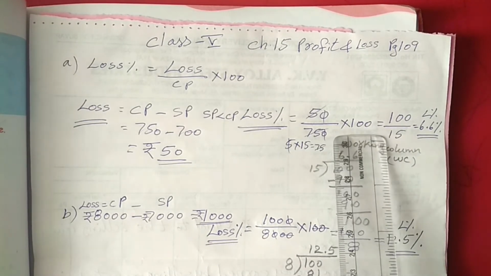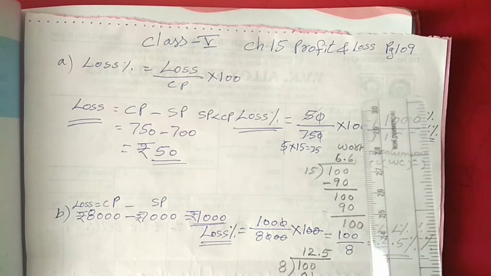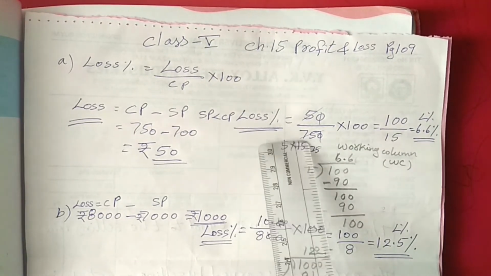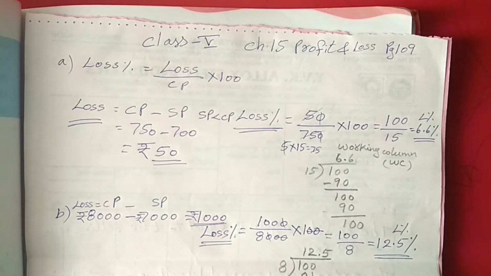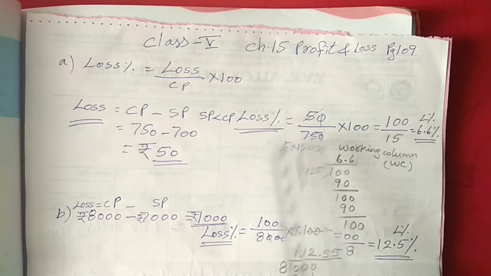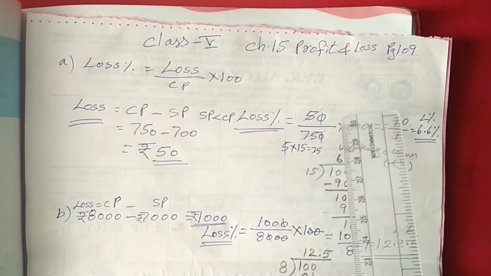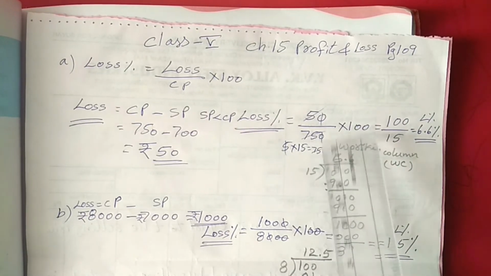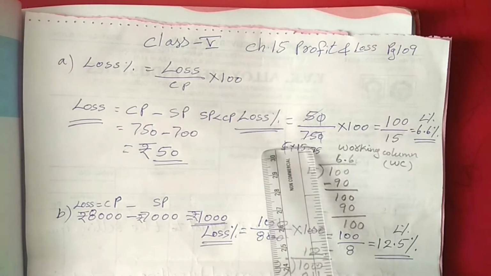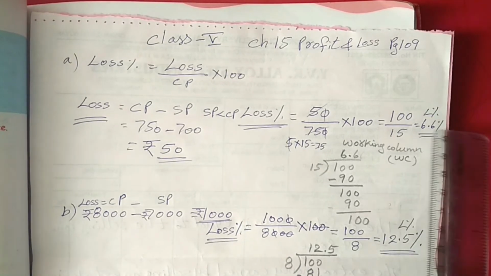750 into 100. Right? Now cancel the zeros here. 5 15s are 75, right? So cancel the 5s also here, and here 15 remains. Cancel the 75s and 15 remains here. So 100 by 15. How will you get this 6.6?